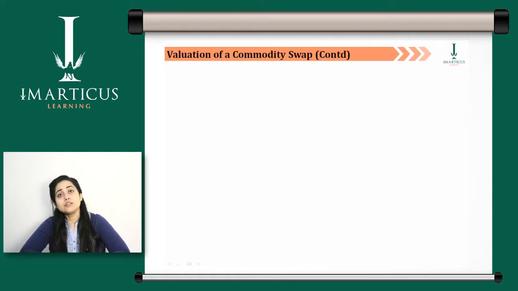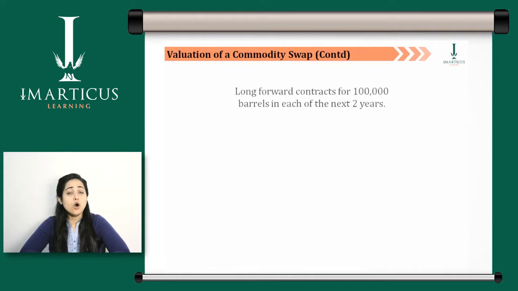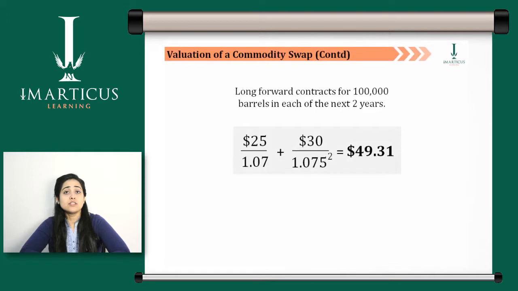BP Inc. can guarantee the cost of buying oil for the next 2 years by entering into long forward contracts of 1 lakh barrels in each of the 2 years. The present value of the per barrel cost would be $25 divided by 1.07 plus $30 divided by the square of 1.075, which equals $49.31.